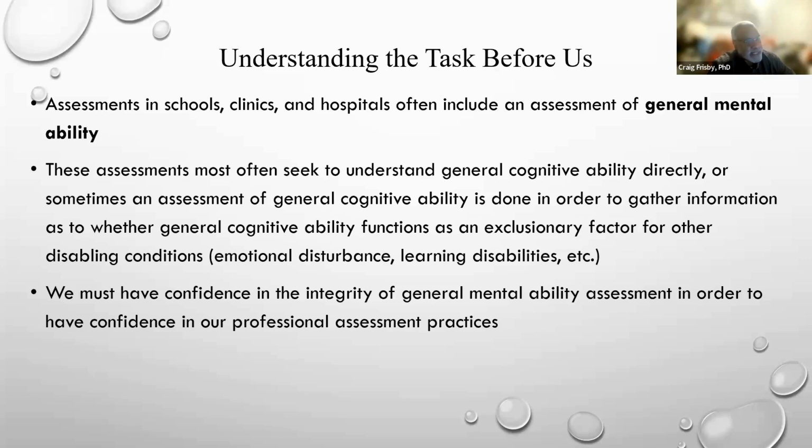Same thing with learning disabilities. We want to assess for learning disabilities directly, but one of the things that we want to have as an exclusionary factor is that the child's general mental ability is not a contributing factor to the problems that they are experiencing in the classroom.